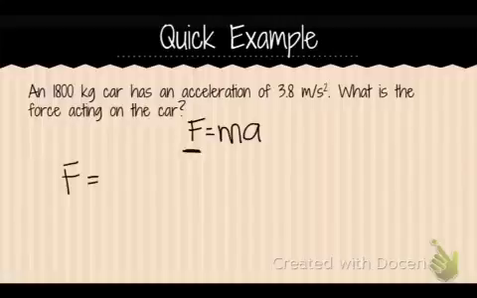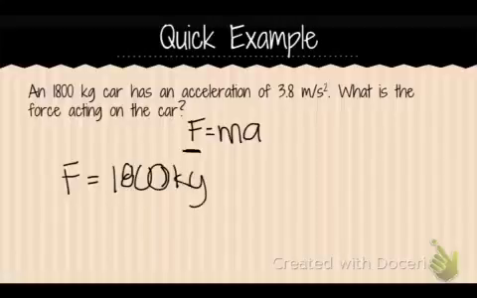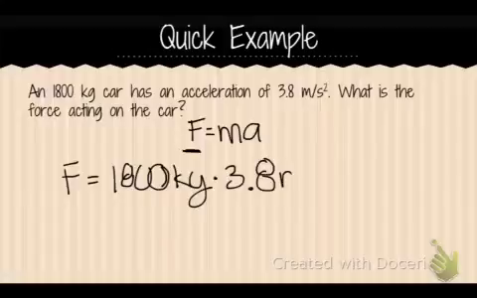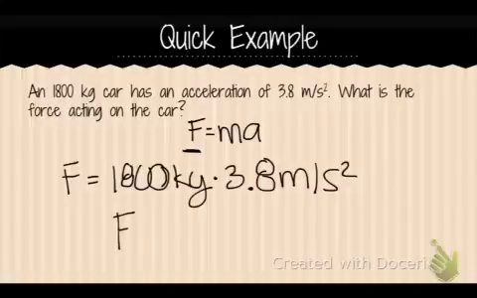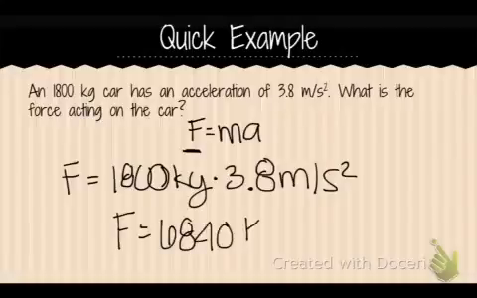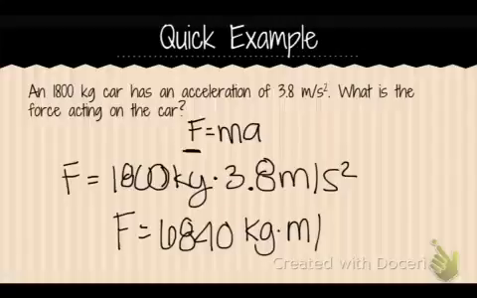Force equals the mass of 1800 kilograms times the acceleration of 3.8 meters per second squared. So 1800 times 3.8, and we get the force equals 6840 kilogram meters per second squared, which is a newton.